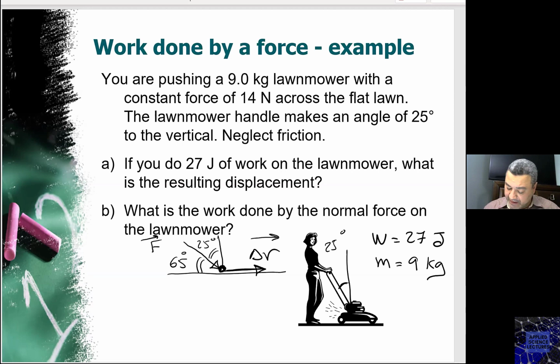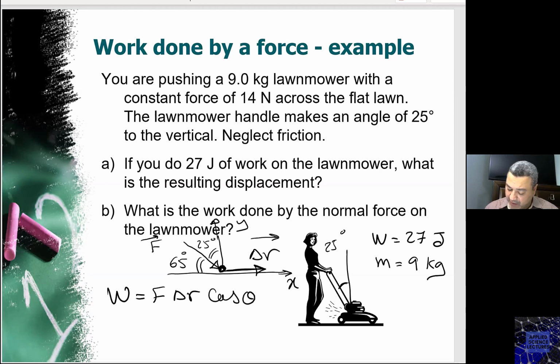So, as I said, the only force that's going to contribute is the force that is along the displacement, which means if I am to look here, this is x, this is y, only the x component of the force is going to contribute to the work, right? Which means I can apply F delta R cosine theta.